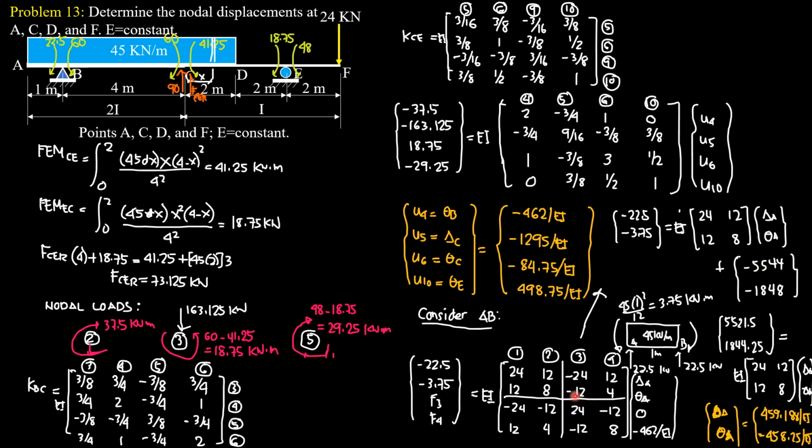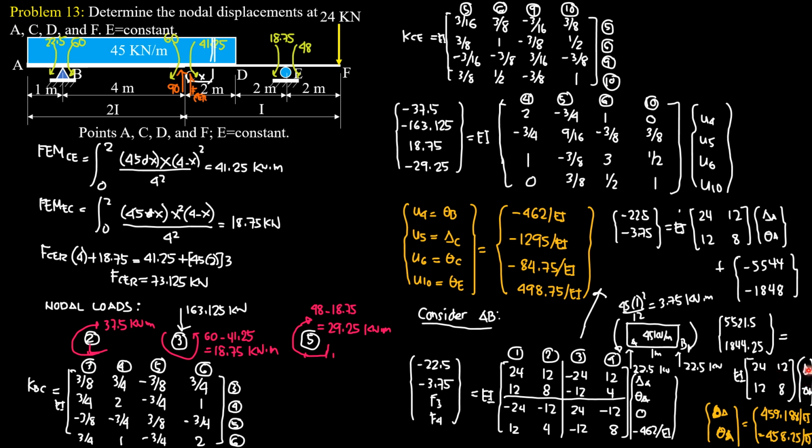Then negative 12 times 0 is 0. 4 times negative 462 is negative 1848, equated to negative 22.5, negative 3.75, just this part here. So transposing, negative 22.5 plus 5544 is 5521.5. Negative 3.75 plus 1848 is 1844.25 equals this matrix here.